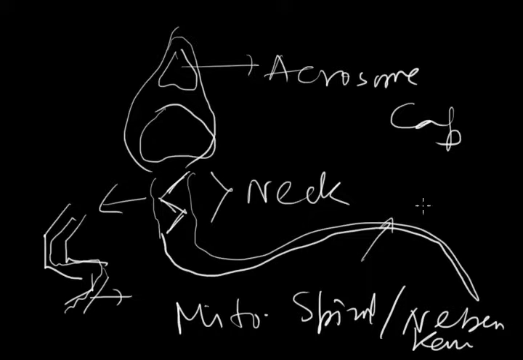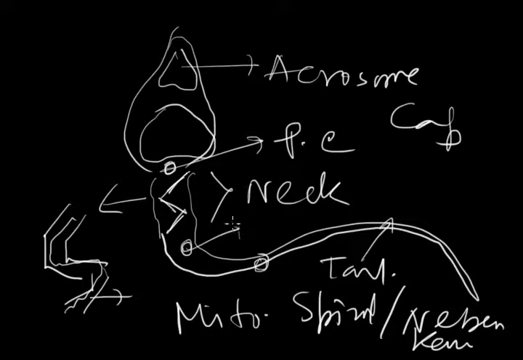The rest is the tail filament with supporting three sets of centriole. One is proximal centriole, one is distal centriole, the other is ring centriole. So this is the design of active spermatozoa ready to take part in fertilization.